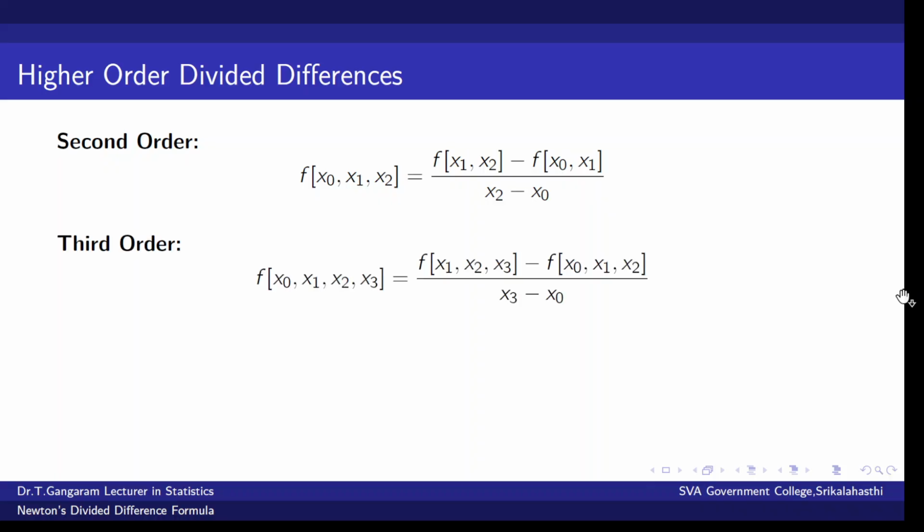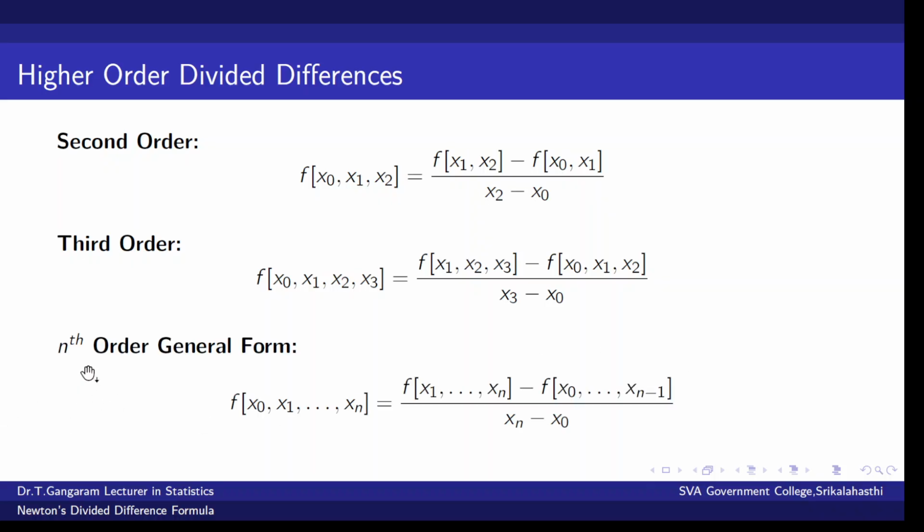So, the third order difference, f of x0, x1, x2, x3 in closed brackets, is equal to f of x1, x2, x3 minus f of x0, x1, x2 divided by x3 minus x0.